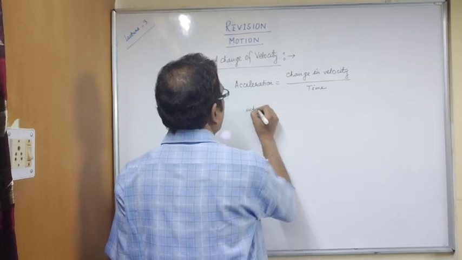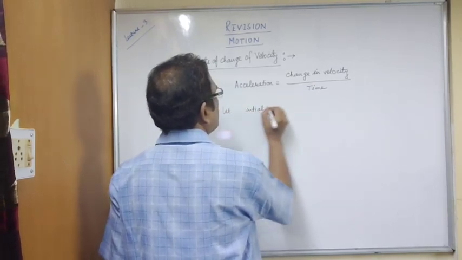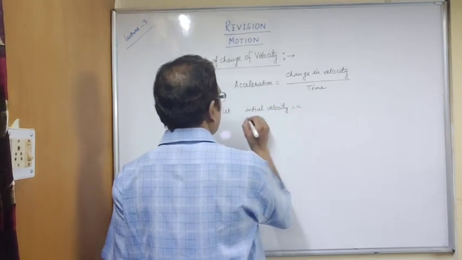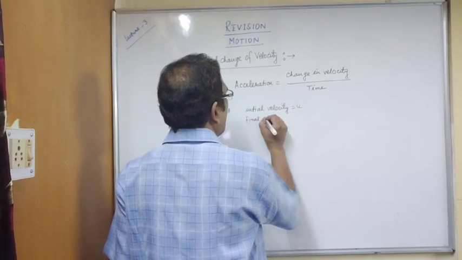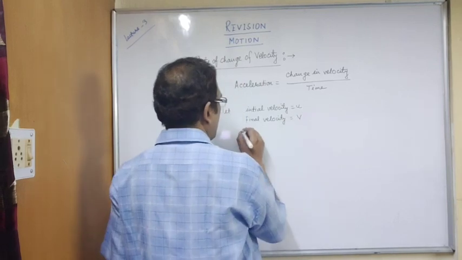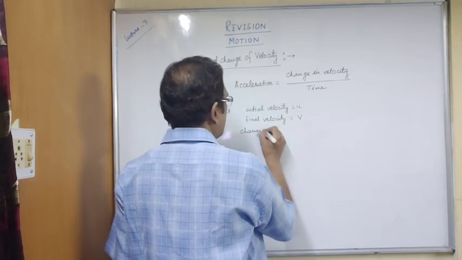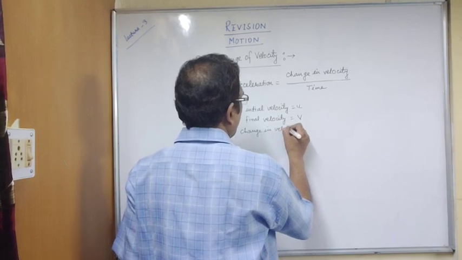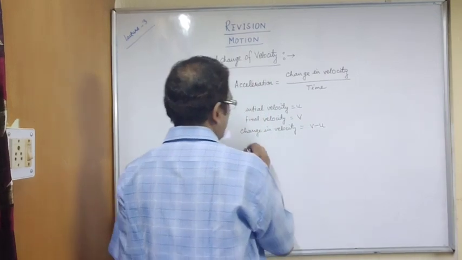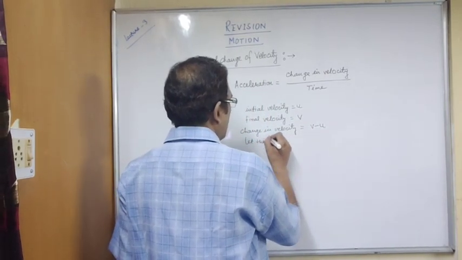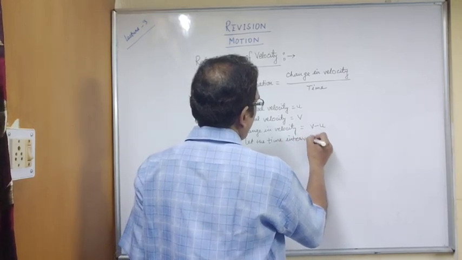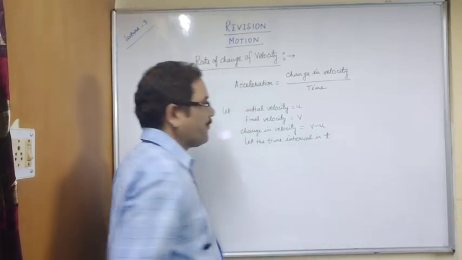Let the initial velocity be u, the final velocity be v, then the change in velocity is v minus u. Let the time interval be t.